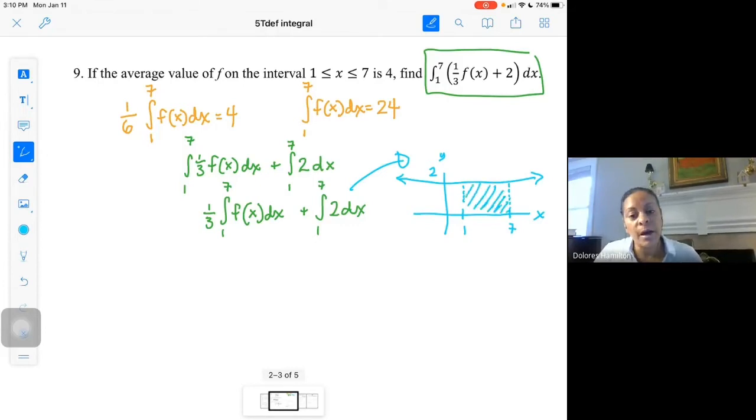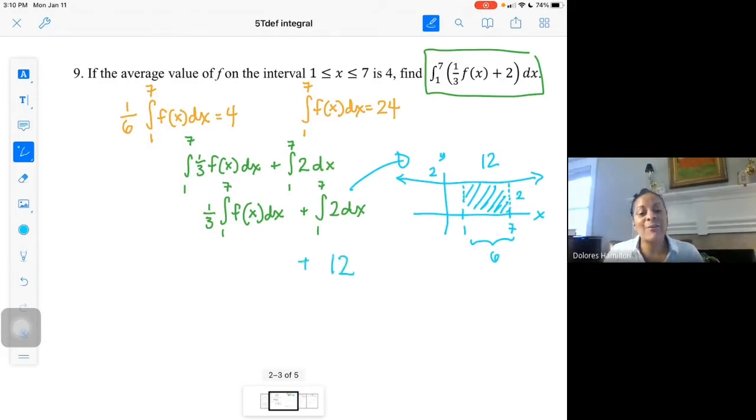What would the area under the curve from 1 to 7 of 2 be? Well, that's a rectangle. And I know this base is 6 and the height is 2. So that area is 12. You could also plug it into your calculator, but let's not. So that's 12.